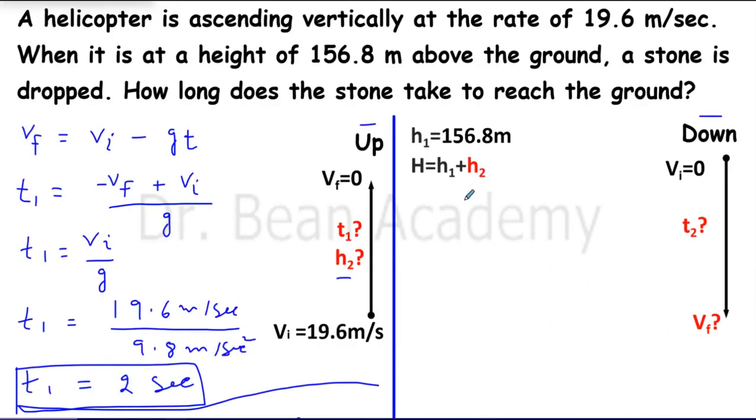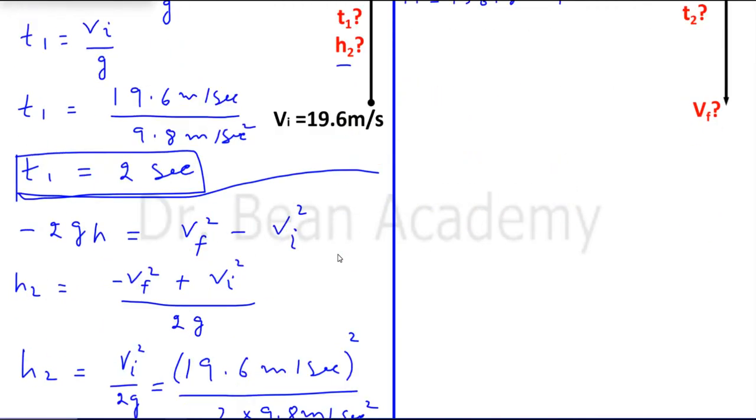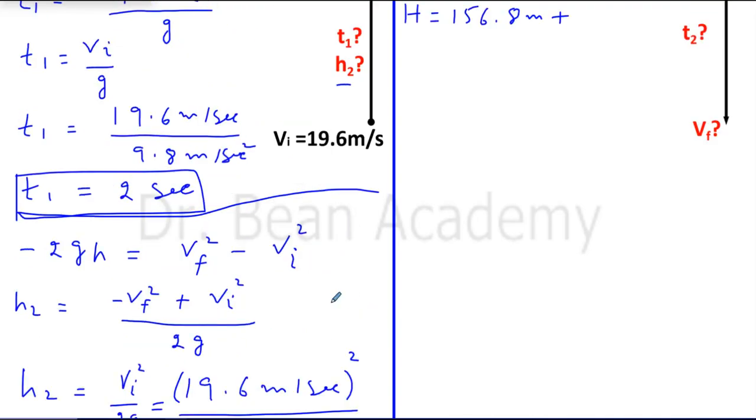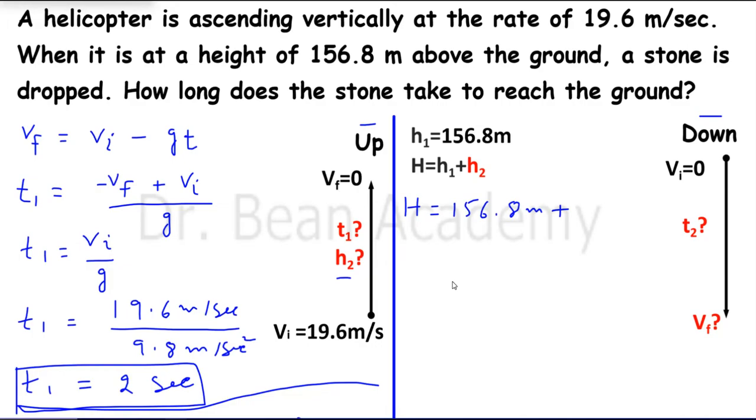So total height h equals h1, which is 156.8 meters, plus h2, which is 19.6 meters, and my calculator tells me that this is equal to 176.40 meters.